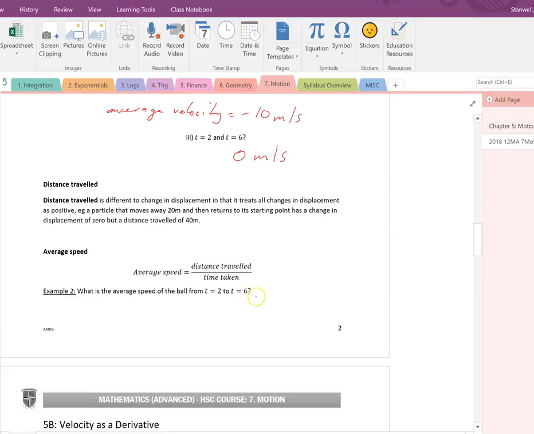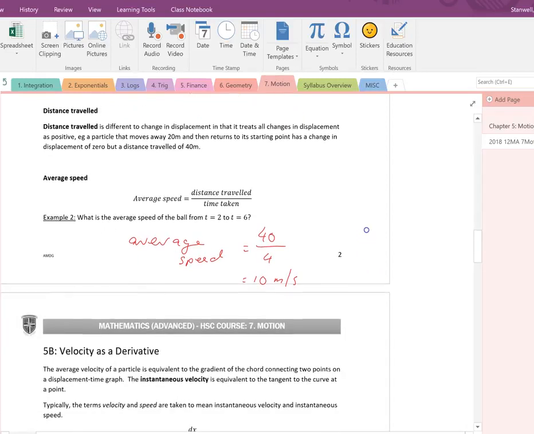So the average speed here, now we worked out that my distance travelled, we already spoke about this, is this time 40 metres over 4 seconds, which equals 10 metres per second because it's directionless. So we have moved 40 metres, so that's an average of 10 metres of movement every second between those points in time.